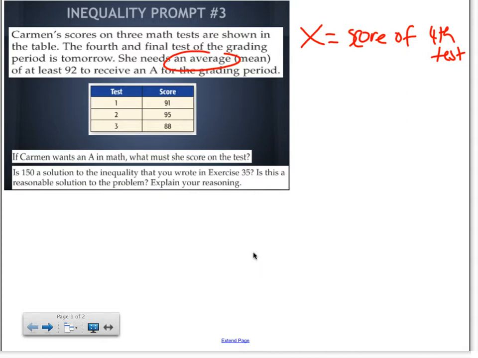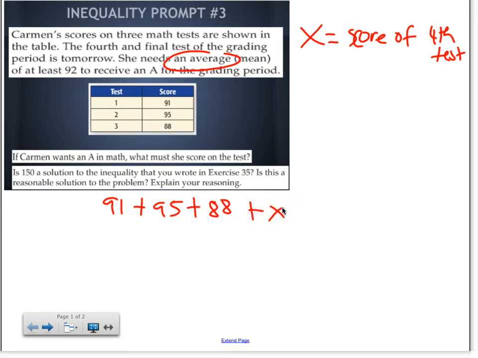In this case, how many scores are we trying to average here? 4, because she has to take the last test, right? So how do you write that up as an average? How do you find the average of all 4 tests? Okay, so you would do what? 91 plus 95 plus 88 plus what? X. Very good.